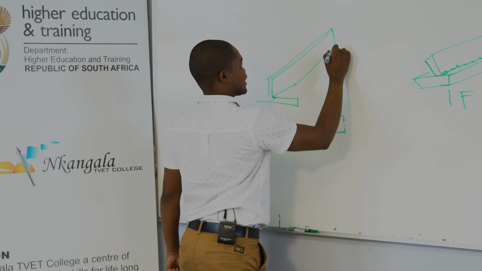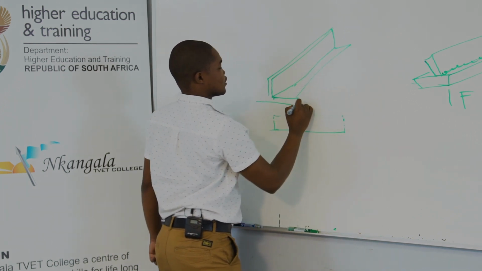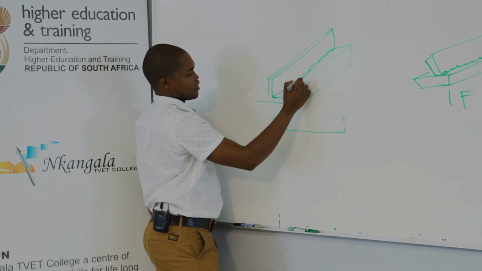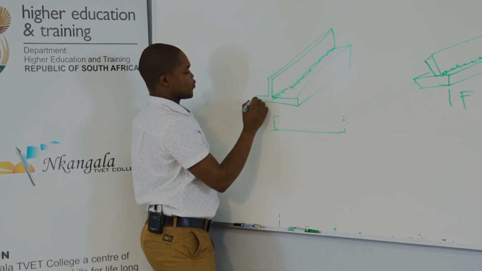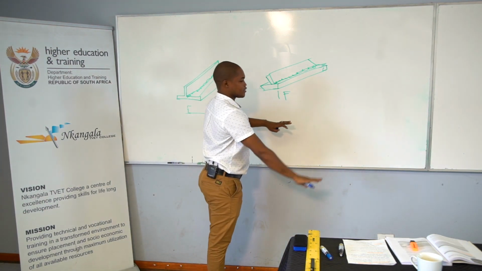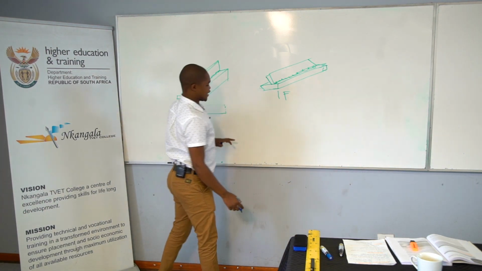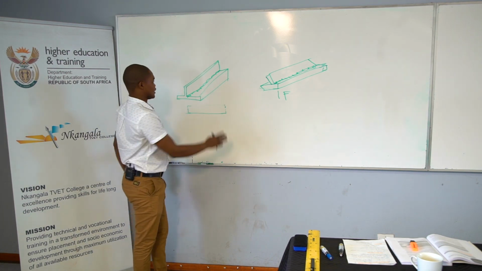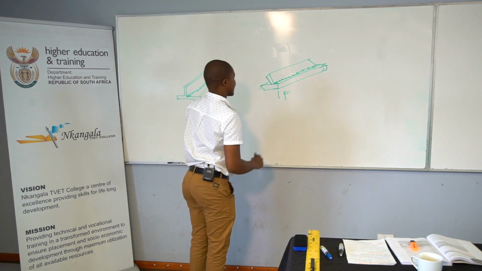It's not a flat position. So for the 2F, we're going to weld on this part as well. It's going to look like the wall of your house and the ground level. And then you're going to weld between the ground level and the wall. This is what we call the horizontal position.